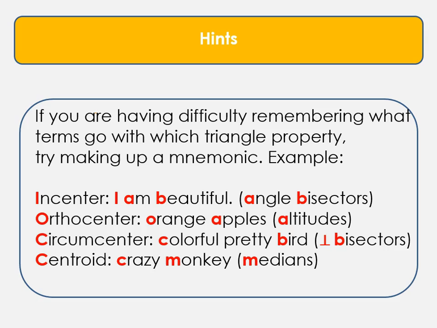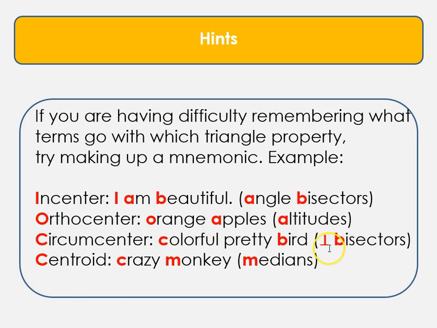Hints. If you're having difficulty remembering what terms go with which triangle property, try making up a mnemonic. As an example, I found this one on the internet. There are tons of them, but an incenter uses angle bisectors. So if you take the first letter of incenter, angle, and bisectors, you have I am beautiful. Orthocenter uses altitudes, orange apples.